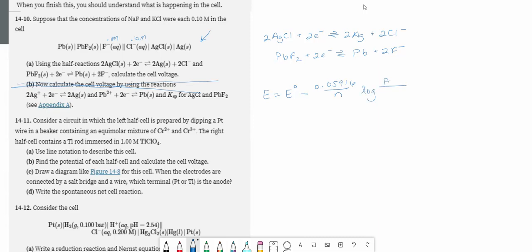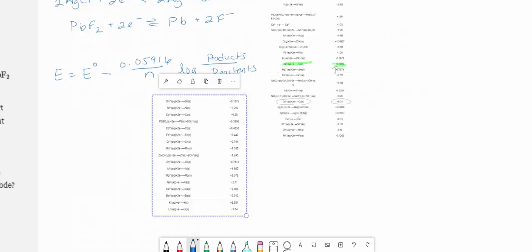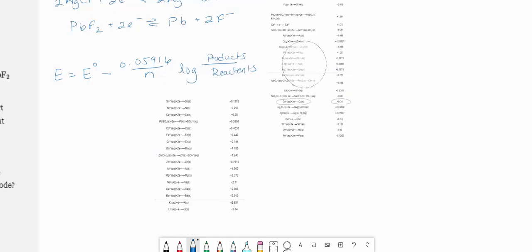So we need products over reactants. So I brought in our half reactions here, and I'm looking for the silver and the lead. So here are the half reactions. Here is the silver at 0.22, and then it continues. And here's the lead reaction that I need, negative 0.3505.